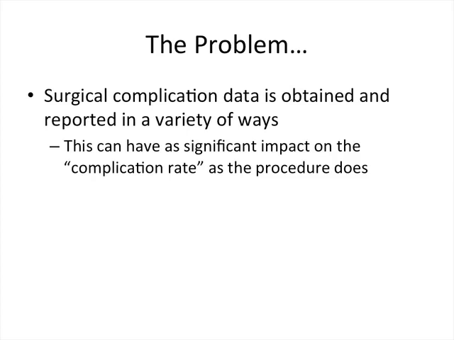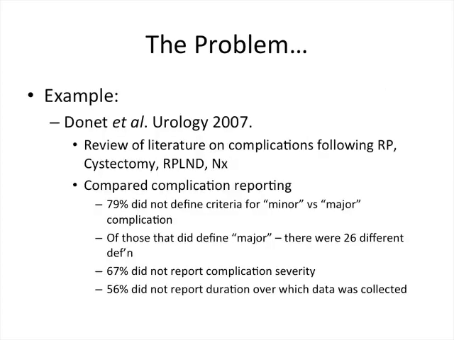And it's become clear that the way in which the data on surgical complications is obtained and reported is equally as important as the overall complication rate itself. The problem is that we currently don't have a universally accepted method of reporting and analyzing complication data, and it makes it almost impossible to compare complications across different surgical approaches or across institutions.